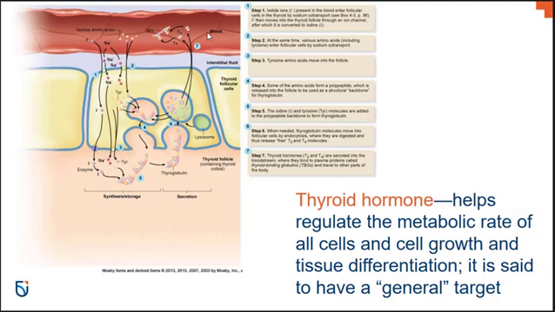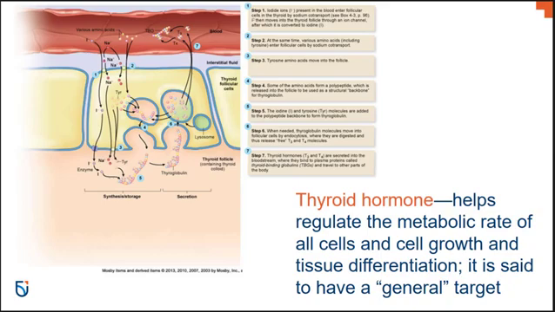These plasma proteins are called thyroid binding globulins, which you can see here, TBG. After binding to thyroid binding globulins, they will circulate throughout the body until they reach their target cells, at which point they will dissociate from the plasma protein carrier, or TBG, and they'll be taken up into that target cell.